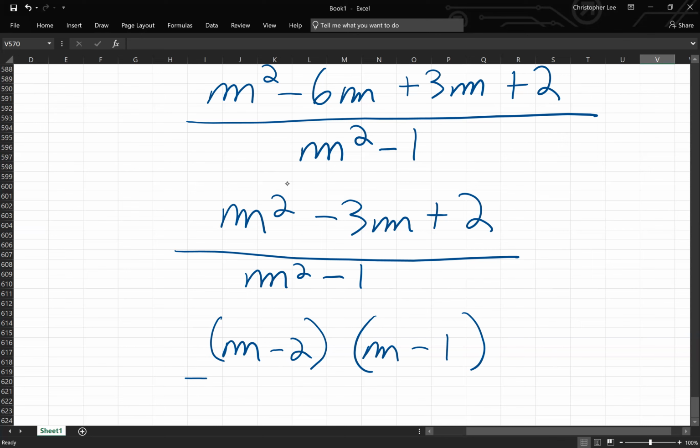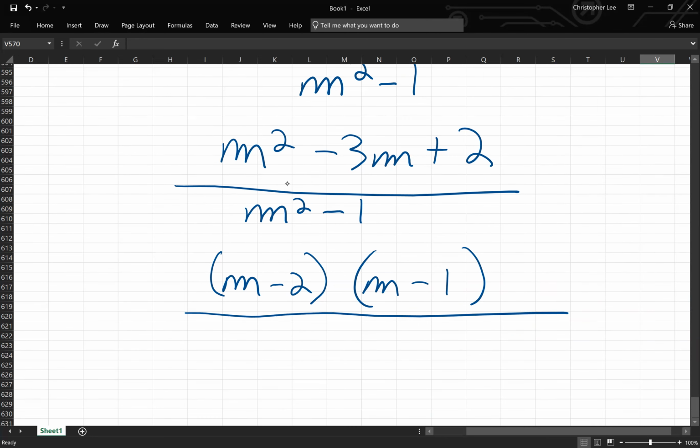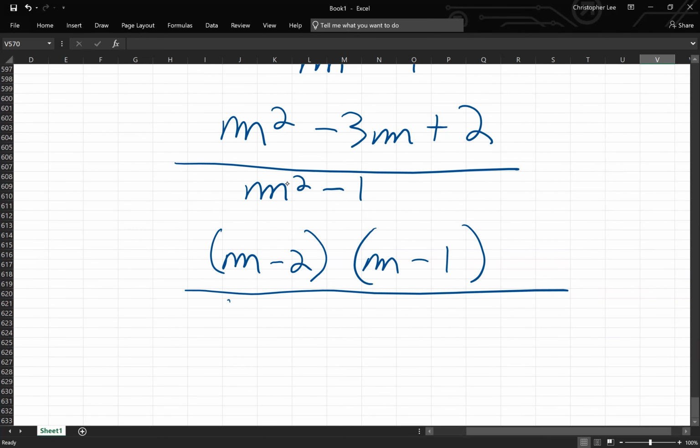Very good. All right, here's a harder one. I have m squared minus 1. We know it's going to look like this. What are the factors of m squared minus 1? Negative 1, I heard that. And what's the other one?